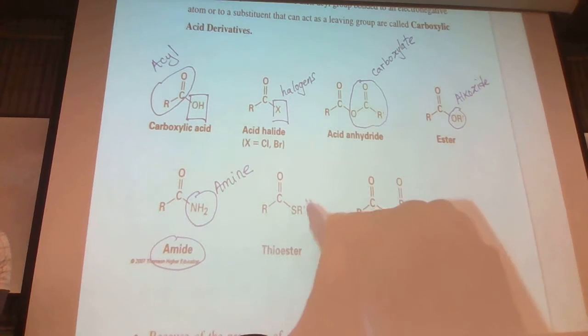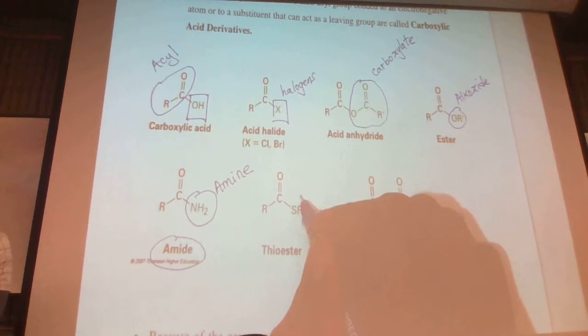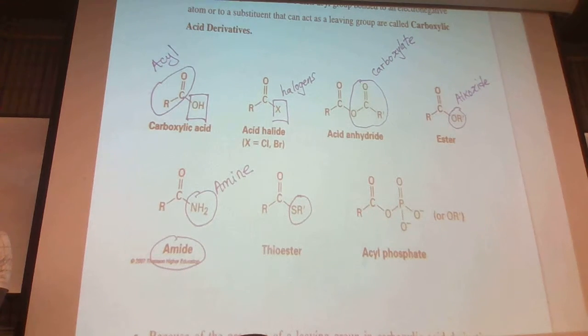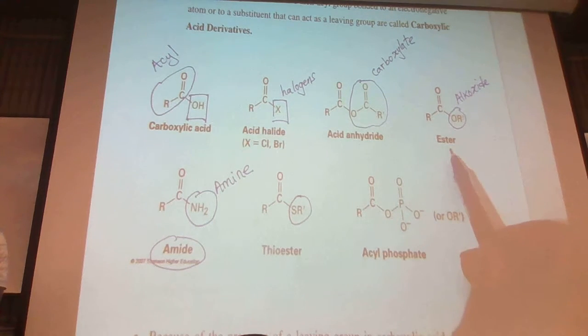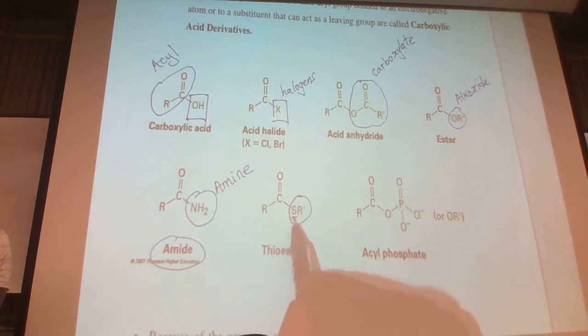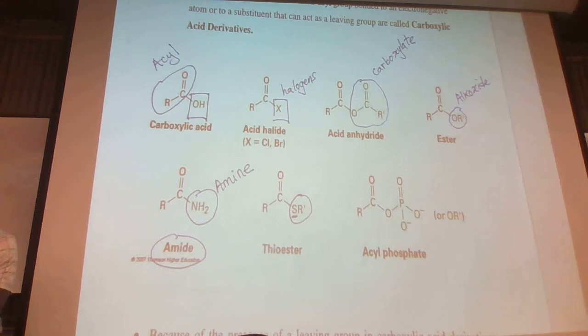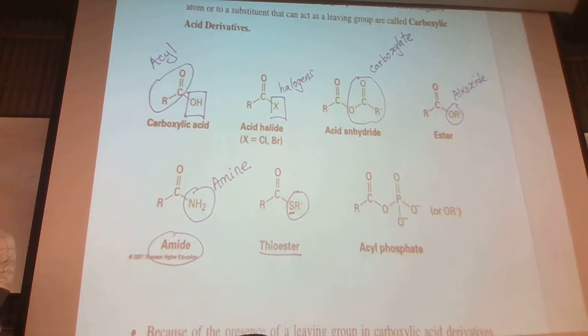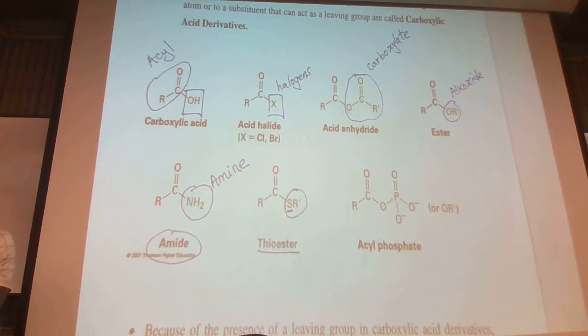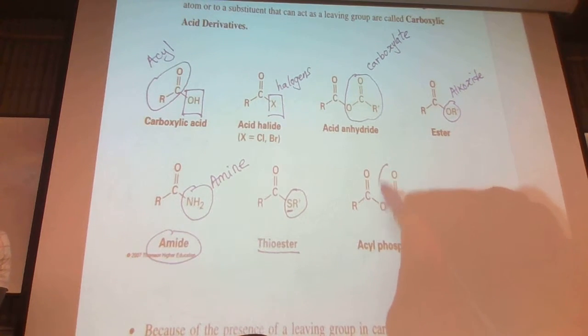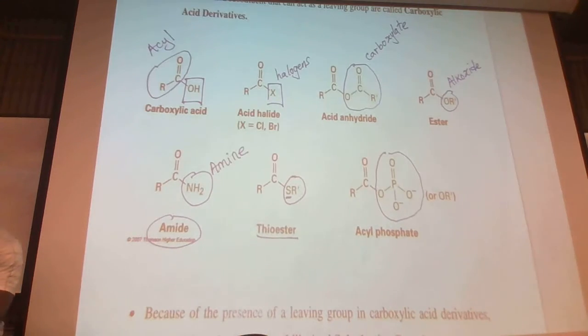So when you have a thiolate, so thiolate is like an ester, but the difference is the oxygen has been replaced with sulfur. Okay? So that's why they are referred to as thioester. And when you have a phosphate group, you just call them acyl phosphate.